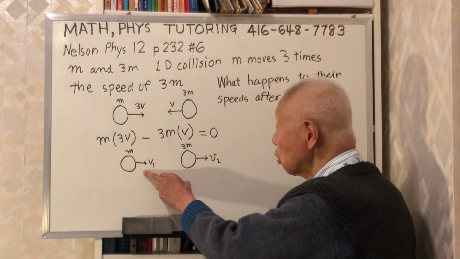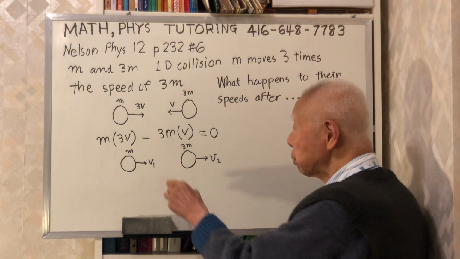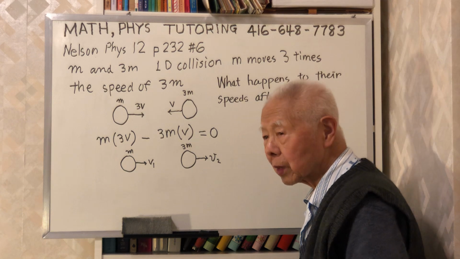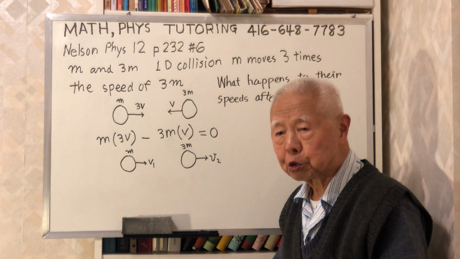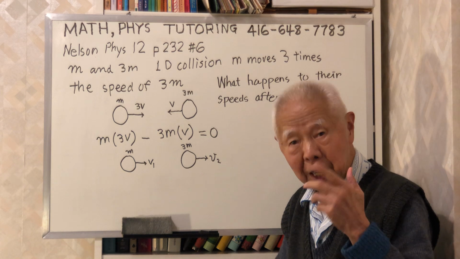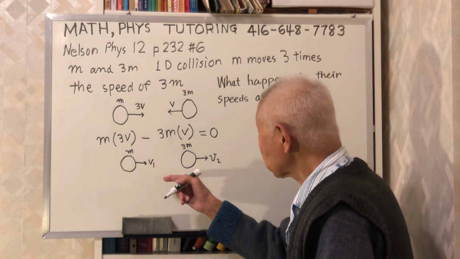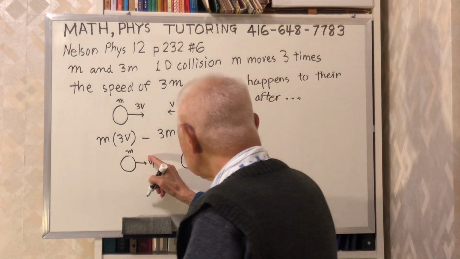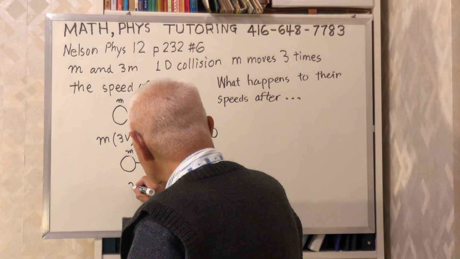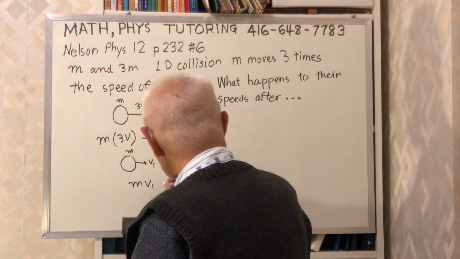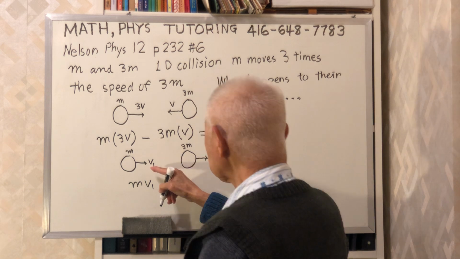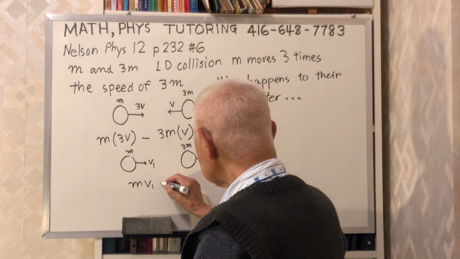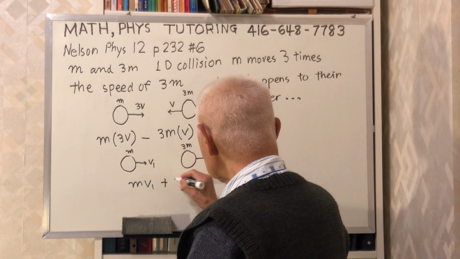Let's assume that after the collision they both move to the right-hand side. If the calculation result shows the opposite way, then you will have a negative sign, right? Okay, what's the momentum afterwards? mv1 plus, because I assume they both move to the right-hand side, 3mv2.